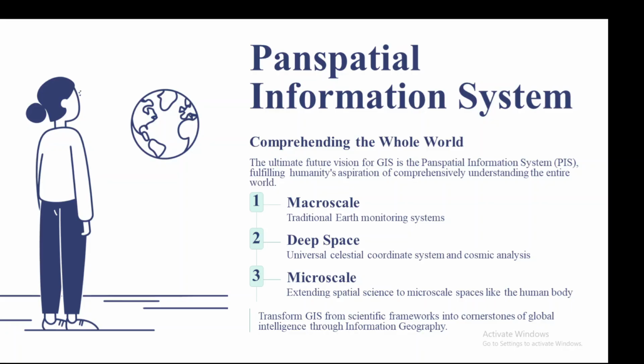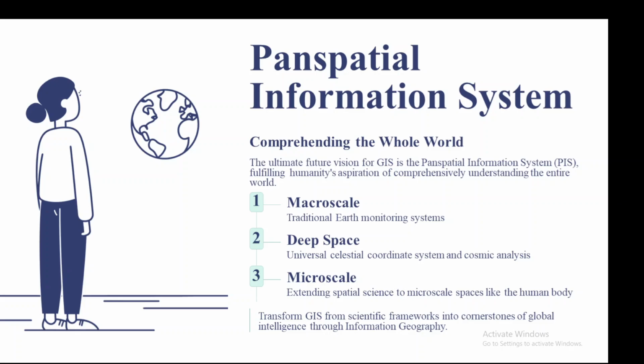And also micro scale, bringing spatial science down to the scale of the human body, where GIS principles could be applied in medicine. For example, a model organ system, or to study the spread of cells in biological tissues.